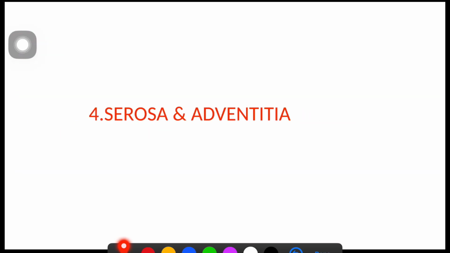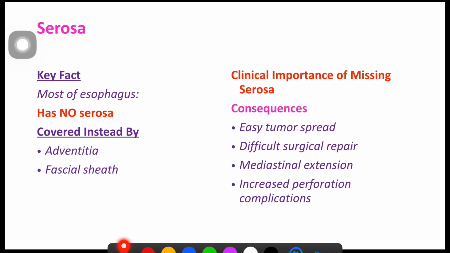Now the last layer is serosa and adventitia. Most of the esophagus has no serosa, but is covered instead by adventitia and fascial sheath. The clinical importance of missing serosa is the consequences like easy tumor spread, difficult surgical repair, mediastinal extension of tumor, and increased perforation complication.